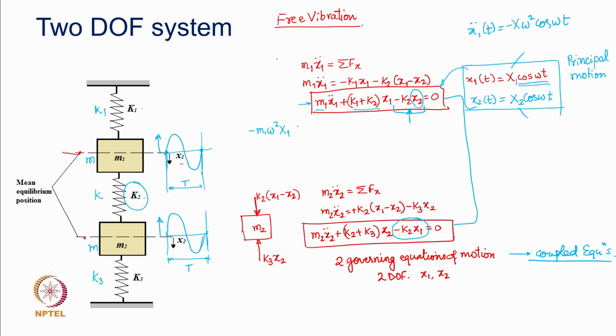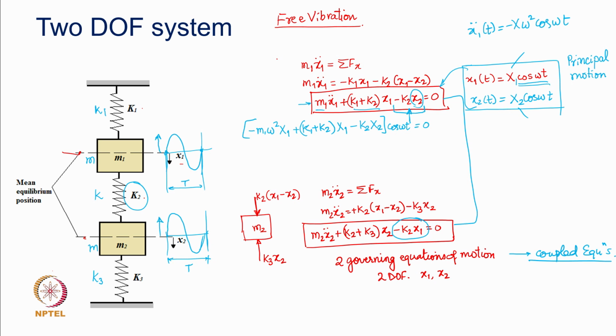So, the first equation here would turn out to be K1 plus K2, this one will be X1, and then it will still be multiplied by cos omega t, which I am going to take out as a constant multiplying term, since the same term appears in all the terms there.